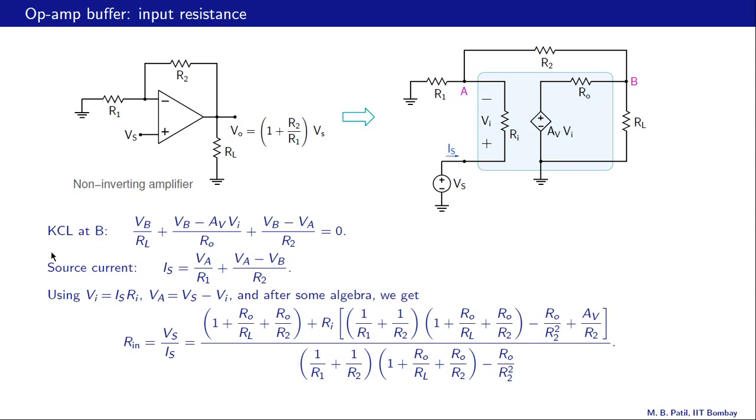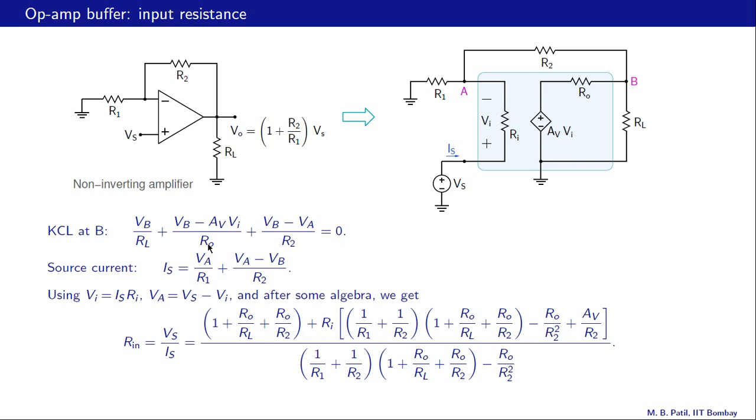In addition to these two equations, we have two more conditions. One is VI equal to IS times RI. This VI is IS times RI, and VA is VS minus VI. This node voltage is equal to Vs minus this voltage drop. So it is Vs minus Vi.